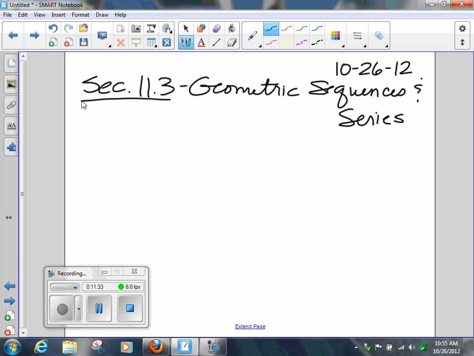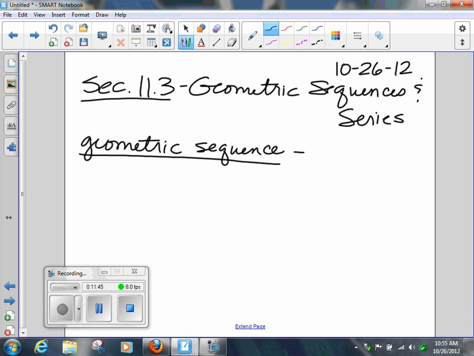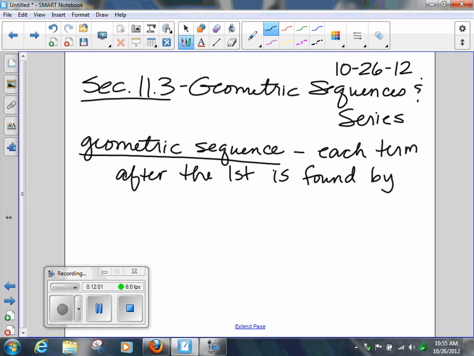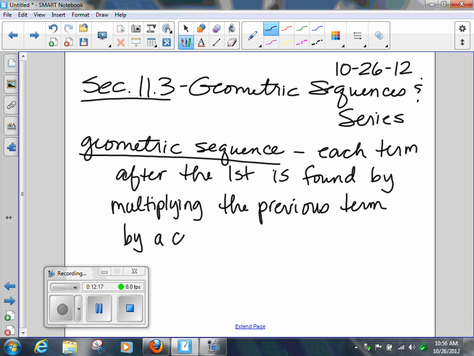Now, geometric sequence. A geometric sequence, each term after the first is found by multiplying the previous term by a constant, which is just a number, called the common ratio.